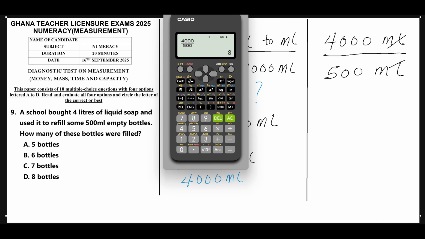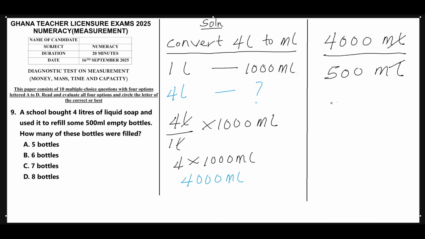We have 8, meaning that 8 bottles can be filled with the 4,000 milliliters of liquid soap, or 4 liters of liquid soap. The right answer is option D.